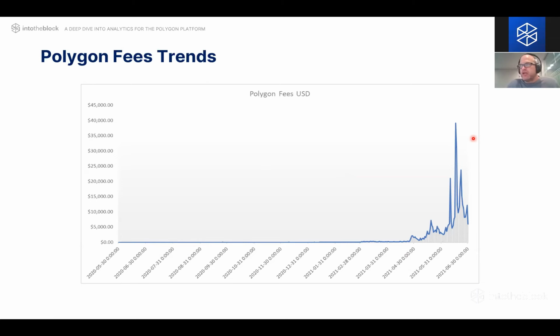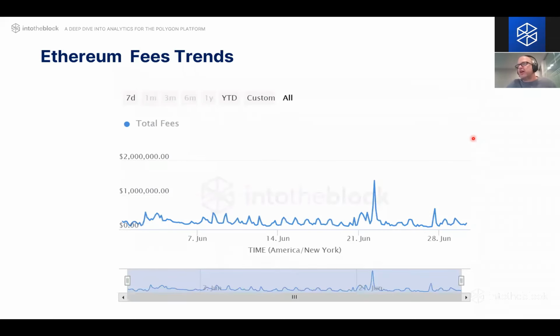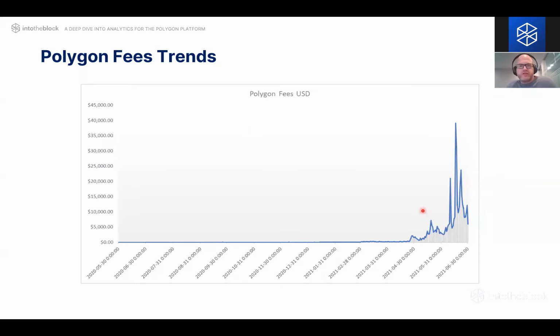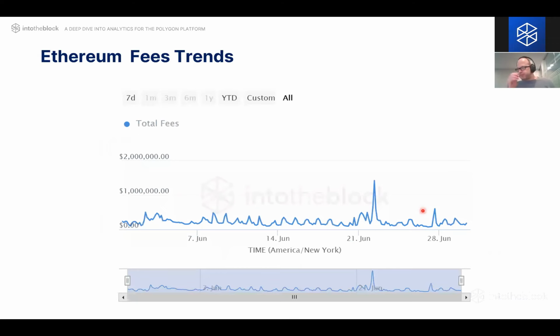And when we look at Ethereum, comparatively, it is way higher, surpassing over 1 million or a few 100,000 on any given day. Whereas here in Polygon we're in the 30,000 or so dollar territory, so it's not even comparable in terms of fees and gas costs.